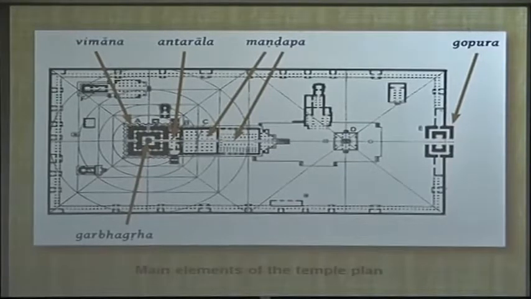You have a total enclosure, and there is some kind of a gopura, which in North India is often much more modest, and it bears different names. In fact, it often bears the name of Torana, which is borrowed from Buddhist architecture.